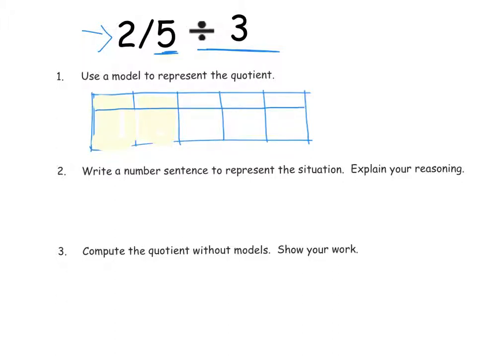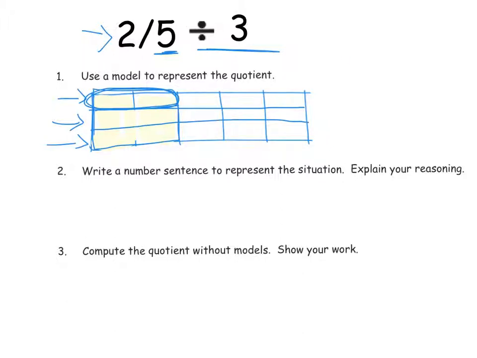So there's 1 part and 2 parts. Now it's divided into 3. And each person, if this was 2/5 of a pizza being divided by 3, so here's my 2/5 right here, each person would have this amount right here.